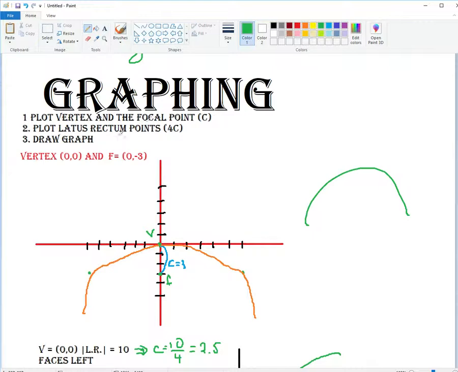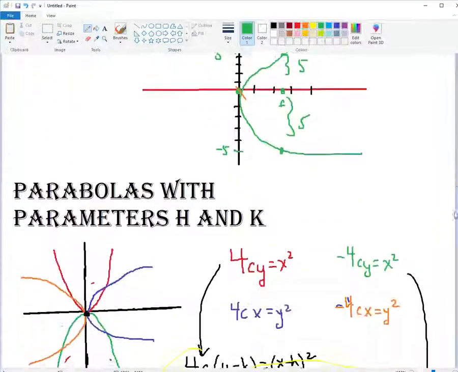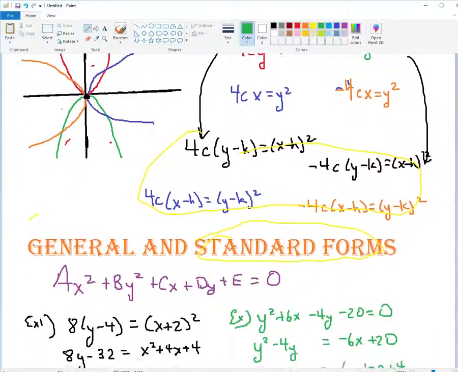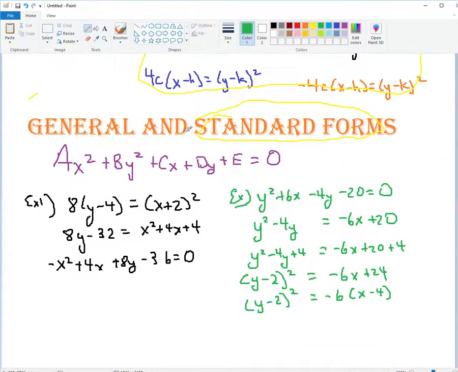If you are given certain points, you are able to graph it because you plot the vertex, plot the focal point, plot the gap and your two latus rectum points, and then sketch out the graph. And then we added the h and k parameters for anything that is not centered on 0, 0, and we have 4 different standard equations. And then lastly, we converted between the general and the standard form. Okie dokie. Now we can go do the work that's also on the webpage.